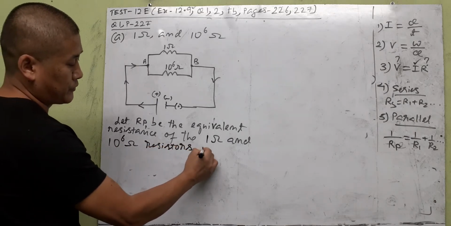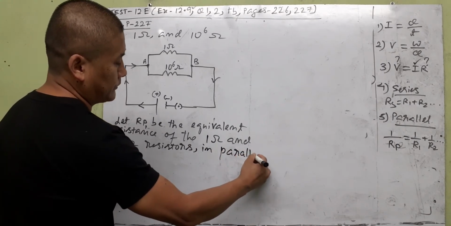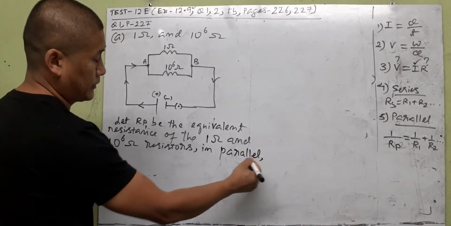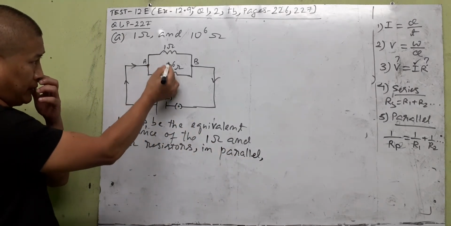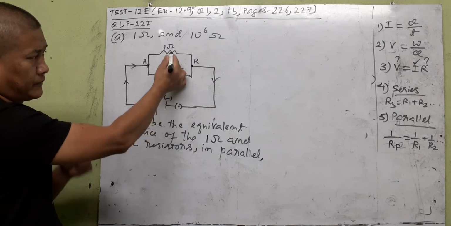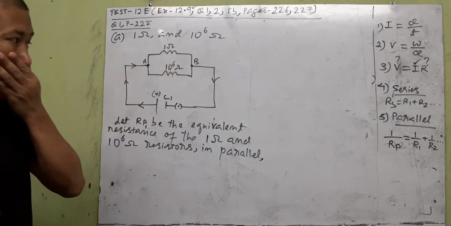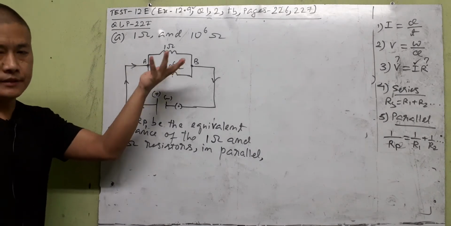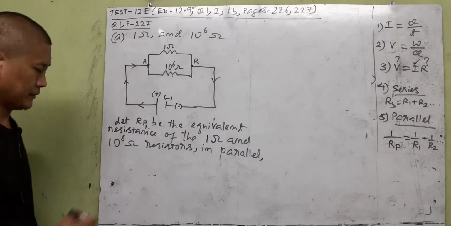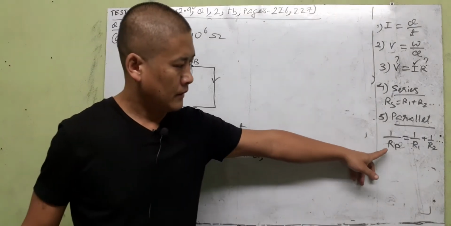And important for us to mention, they are clearly in parallel, because as we said, the beginning point of 1 ohm and 10 to the power 6 ohm both are A. Ending point of these two resistances both are B. So that is parallel, right? Therefore their equivalent will follow this parallel formula.